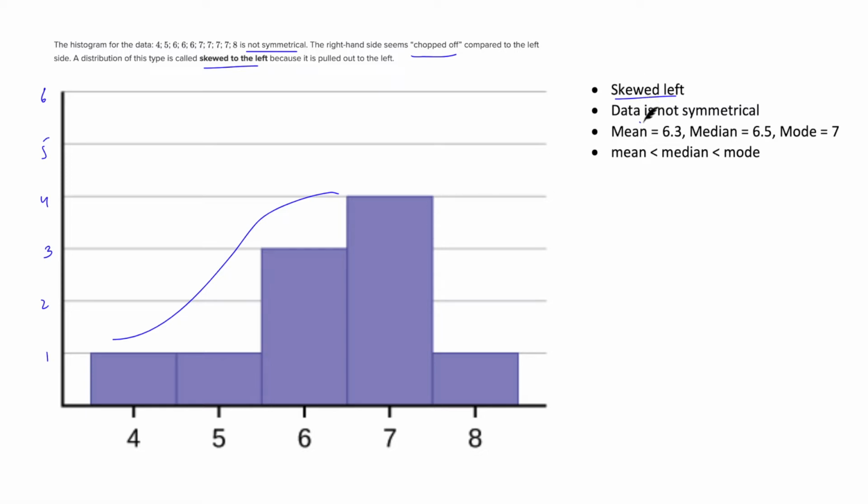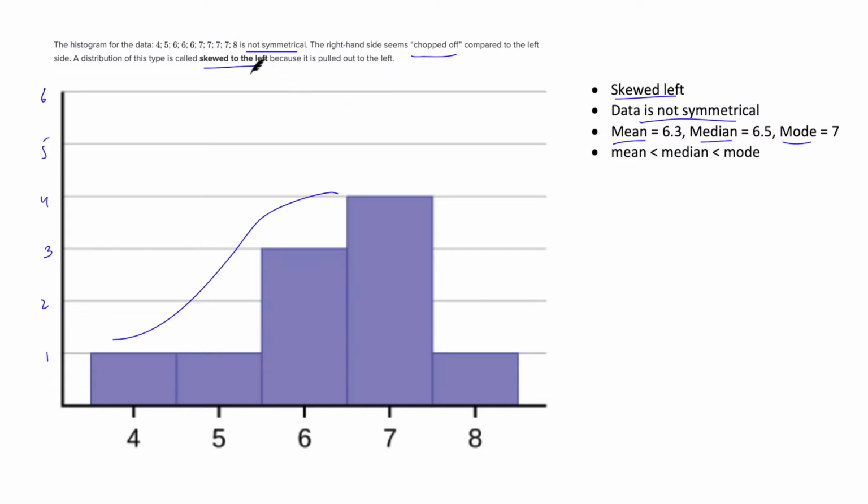Secondly, you see data is not symmetrical. I think it's pretty obvious when more of the values are concentrated on either side of the graph, then you cannot have symmetrical data. Thirdly, and most importantly, the measures of central tendency, mean, median, and mode. So if you calculate the mean, that is just add up all these values and divide by the total number of values, you will get 6.3.